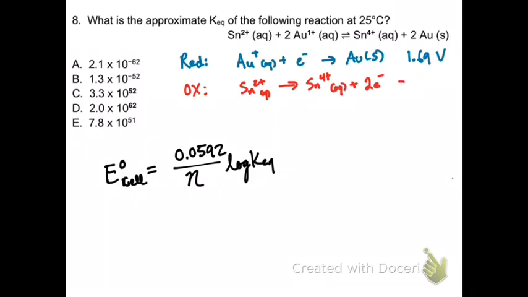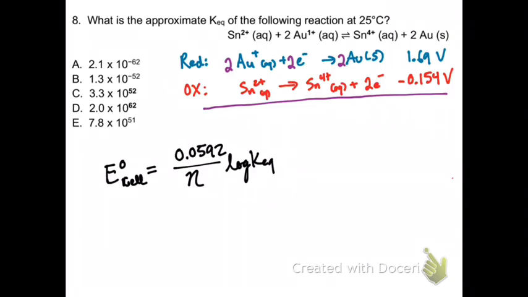And that's going to be negative 0.154 volts. Now in this particular problem, we do need to know N, which is the number of electrons transferred in the balanced reaction. So we're going to need to multiply everything up here by 2 in order to get a balanced half reaction.